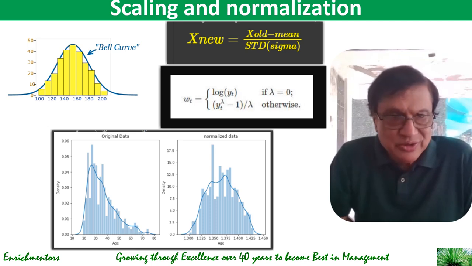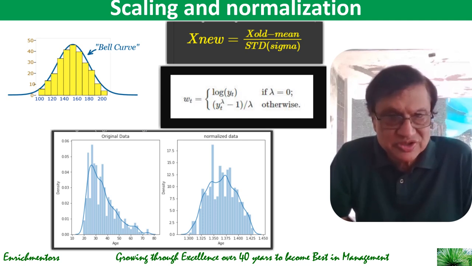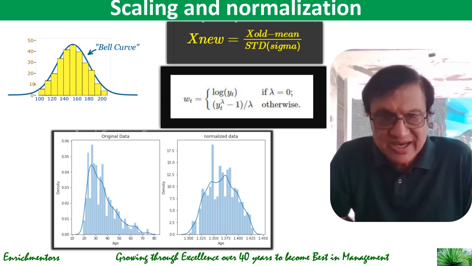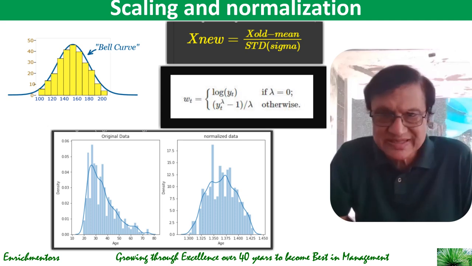The optimal value is the one which results in the best approximation of the normal distribution curve. So we use the SciPy stats boxcox function, which returns a tuple with the normalized series as the first element, and the original data is then converted into a normalized form, as you can see here.